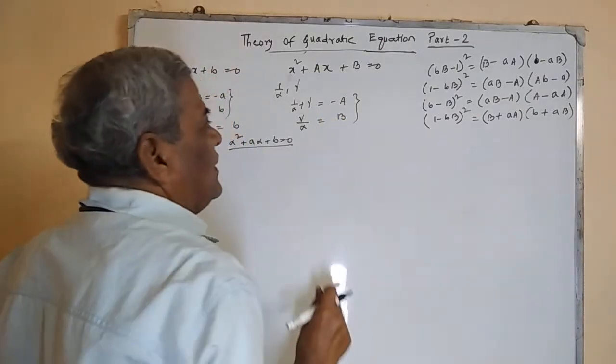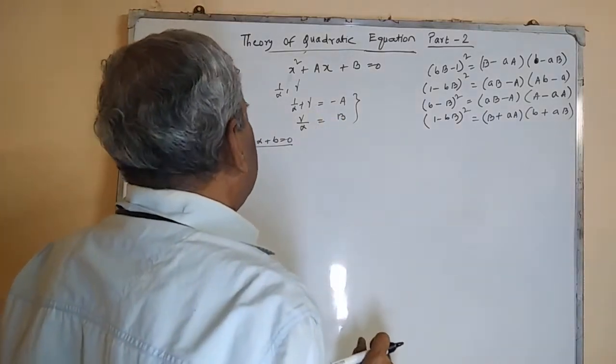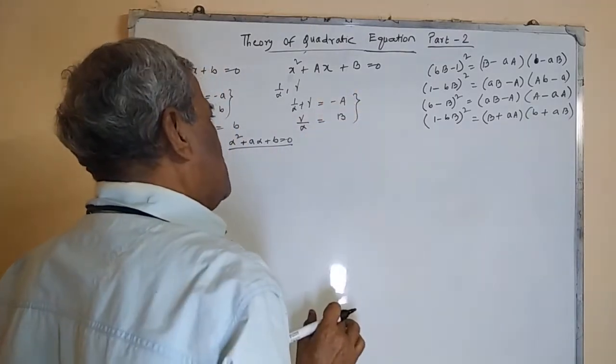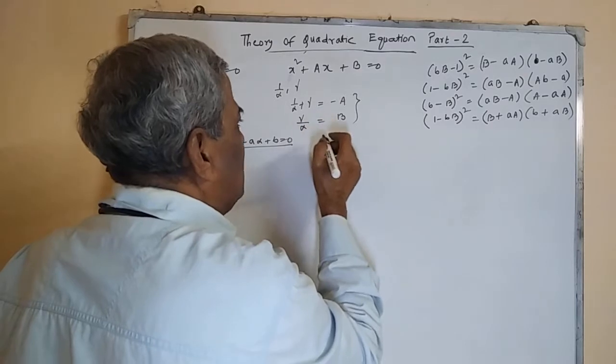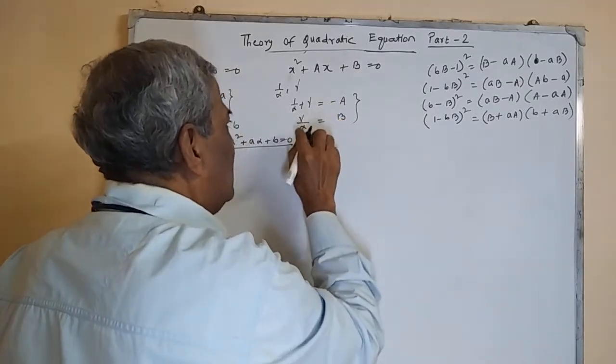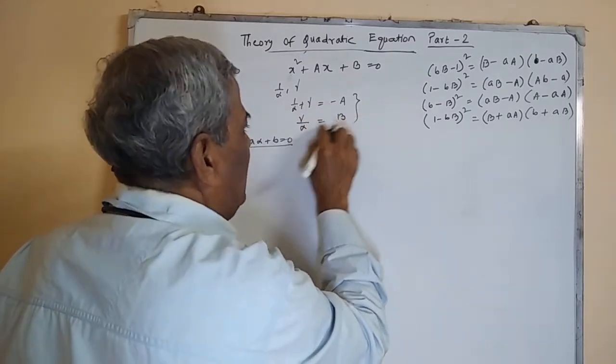Similarly, from there, try to eliminate gamma from these two equations. So we get gamma is equal to B alpha.